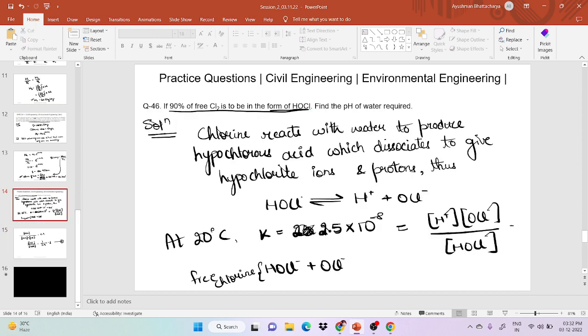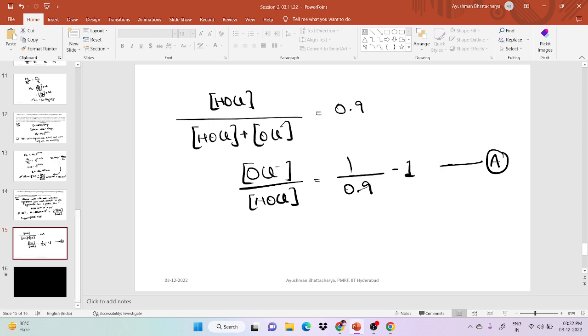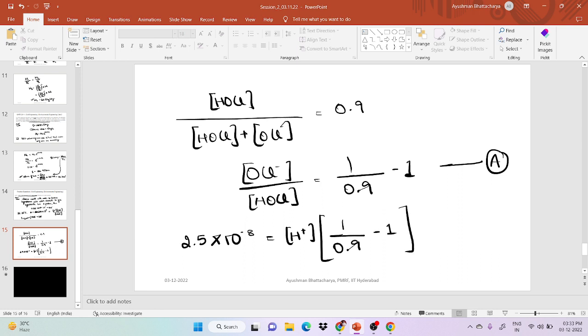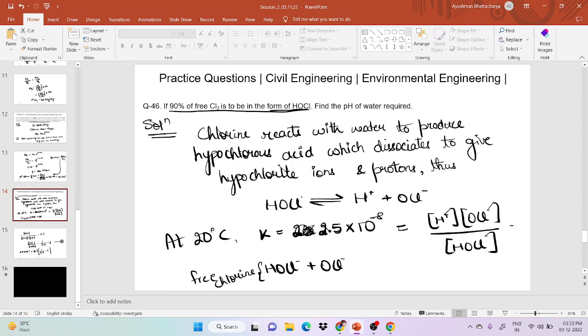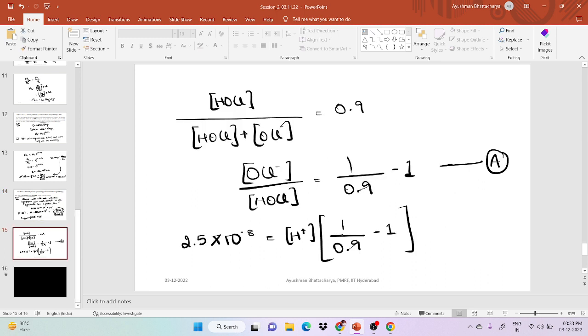If we substitute equation A, we can write 2.5 into 10 to the minus 8 is equal to H plus into 1 upon 0.9 minus 1. Can we write it like this? So H plus multiplied by the value of this one.